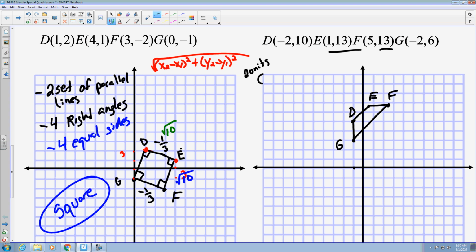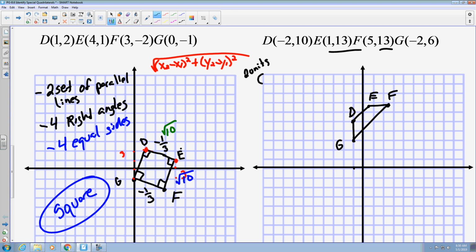So just by looking at it, it looks like DG and EF are not parallel, but DE and GF could be. So because I have the scaling for this, I'm just going to use the slope formula.